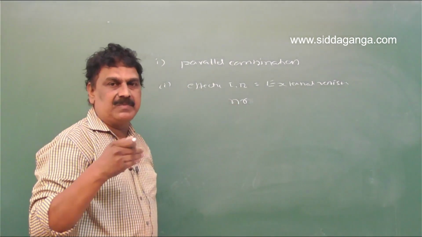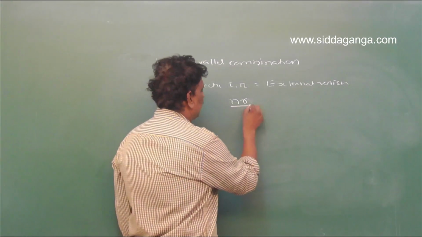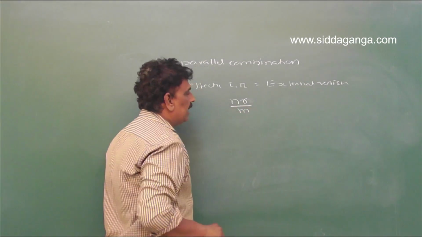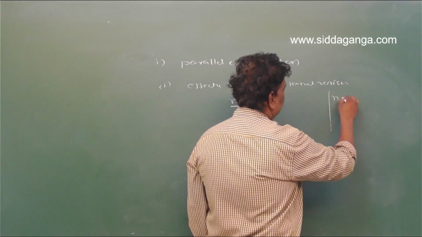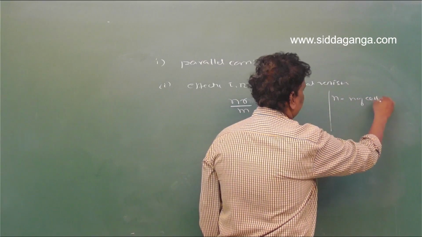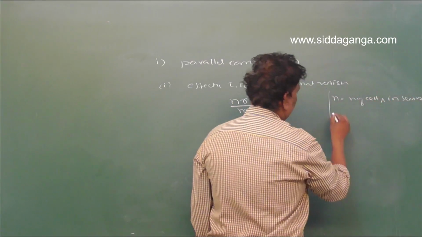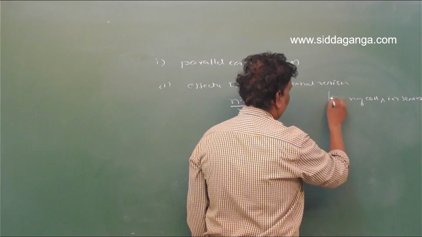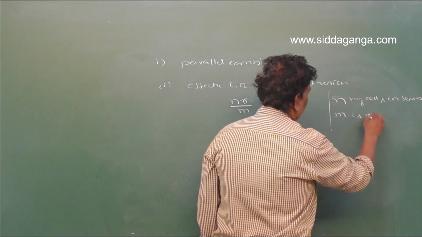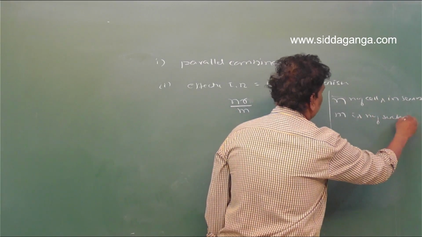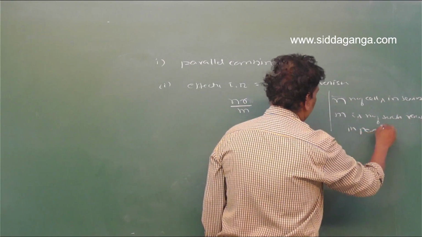When m such rows are connected in parallel, the effective resistance is nr by m, where n is the number of cells in series and m is the number of such rows in parallel.